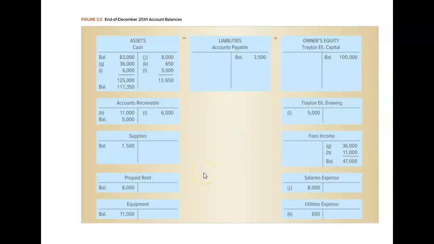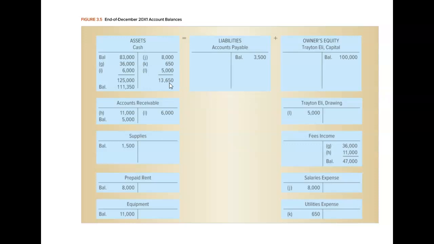Looking at the cash account, you can see that the calculated debit balance of $111,350 was derived by first adding up all of the debits in the account. $83,000 plus $36,000 plus $6,000 equals $125,000. Then all of the credits were added together to total $13,650. $8,000 plus $650 plus $5,000 equals $13,650.